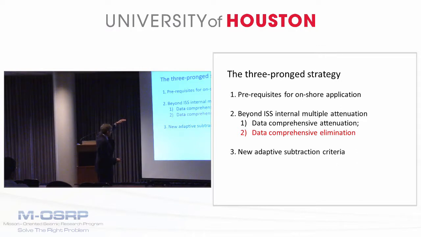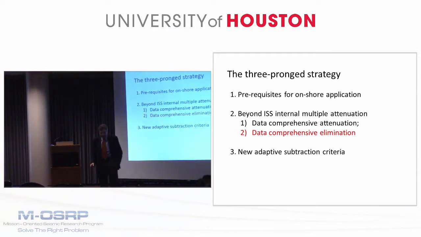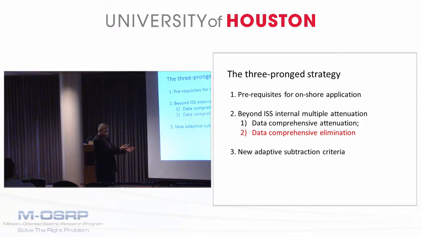That has to happen. And then we need beyond attenuate, yes? And then, last but not least, we need a new adaptive subtraction criteria. And I'll give an example today for the free surface. A criteria that derives from the algorithm, a property of the algorithm that you're driving. In other words, you need a dial that recognizes that I don't care what these equations are, the world is more complicated, yes? So you need some way to accommodate.